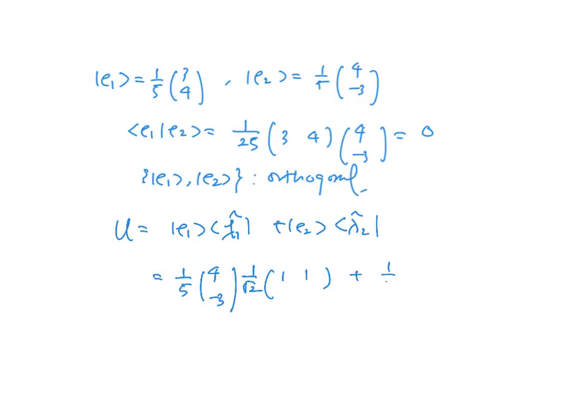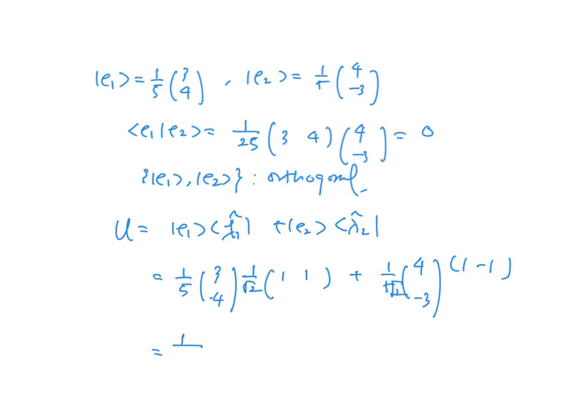E2 was 1 over 5. Oh, sorry, I think I made some mistake. 3, 4, right? 3, 4, 1, 1. That's 4 minus 3, 1, 1. Or minus 1, right? And we have a square root of 2.